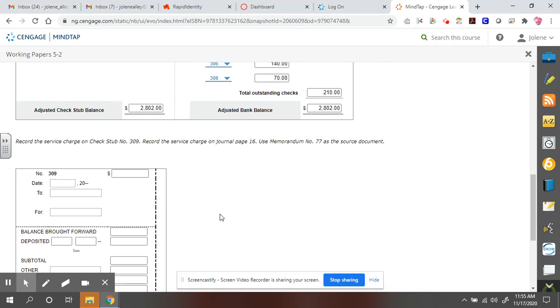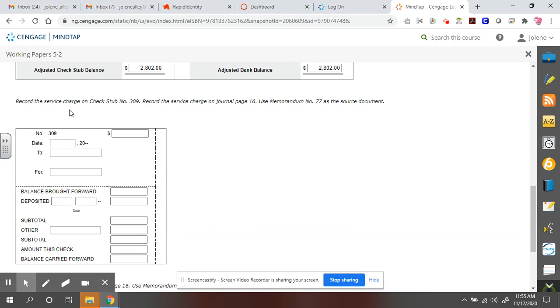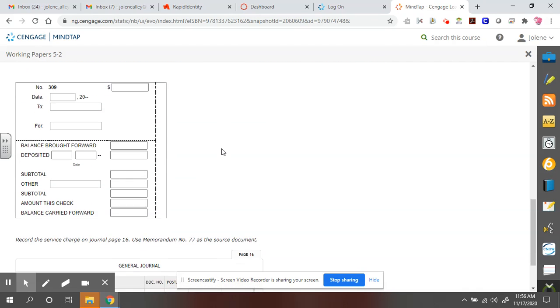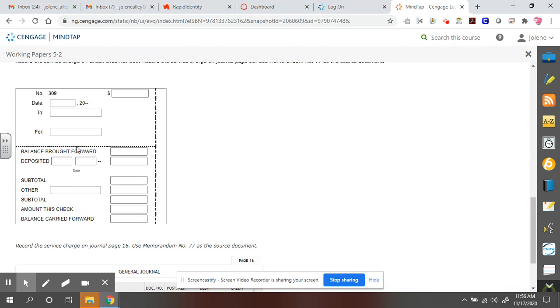Okay. So now down here it says record the service charge on the check stub number 309. You see 309 is already there. Record the service charge on the journal page 16. Okay, so first we have to do this. We have to go down here.